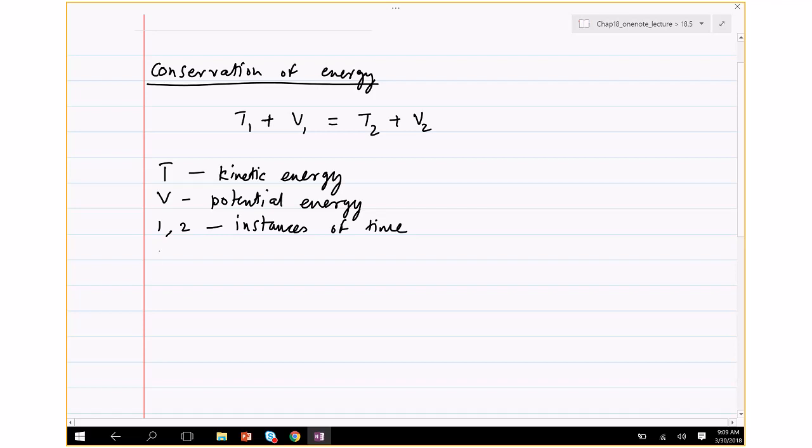So use this equation when all forces are conservative.